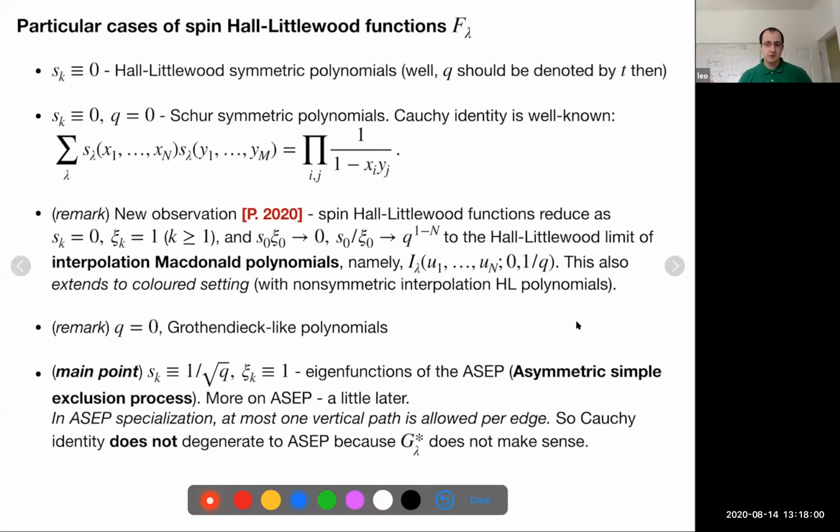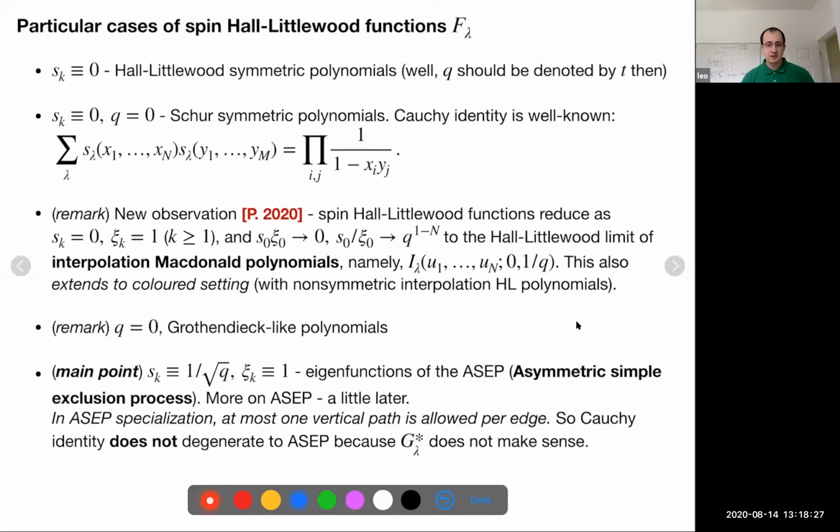In particular, if you set S equal to 0, you get Hall-Littlewood symmetric polynomials, classically known. Or if you set S parameters and Q both to 0, you get even more classical Schur symmetric polynomials. And the Cauchy identity for them is very well known. There are about 5 proofs, and the Yang-Baxter equation proof is yet another proof of the same identity.